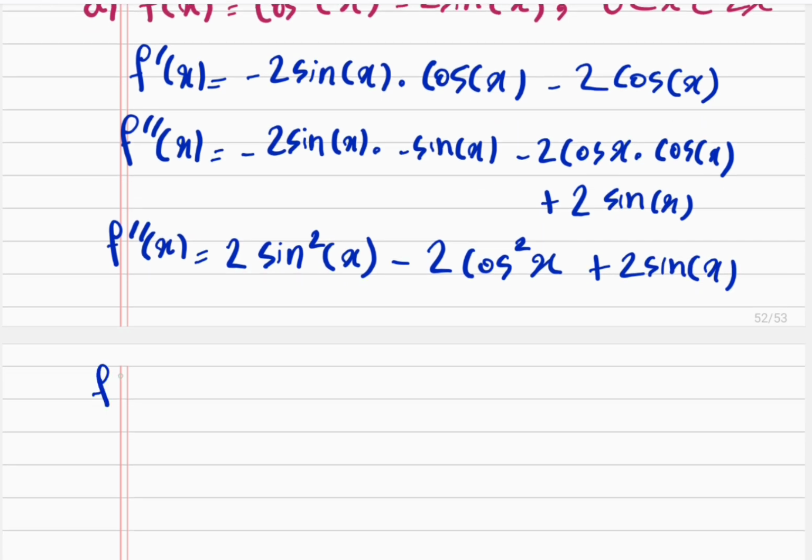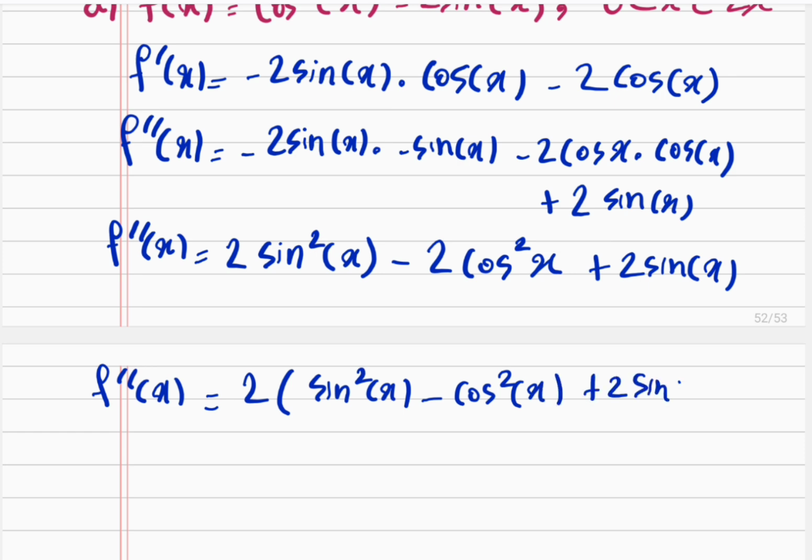Okay, we can take a factor of 2 to have sine squared x minus cos squared x plus 2 sine x. Now we need to have all the trigonometric terms in terms of one single term.